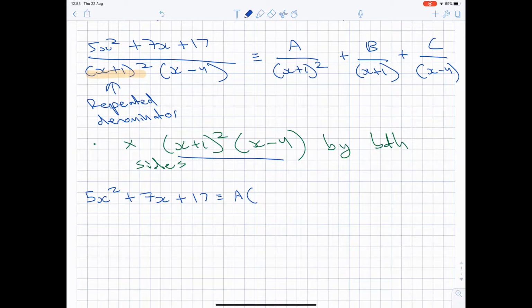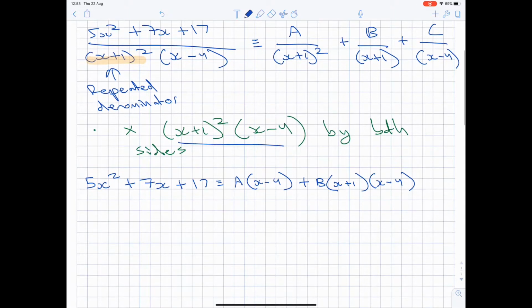So that's going to be A(x minus 4). So the second fraction now, so with B, one of the x plus 1s will cancel, but because it's squared, you've got 2 x plus 1s. So you're going to still keep 1 x plus 1. You haven't done anything with x minus 4, you just times it, so you're going to definitely be keeping that.